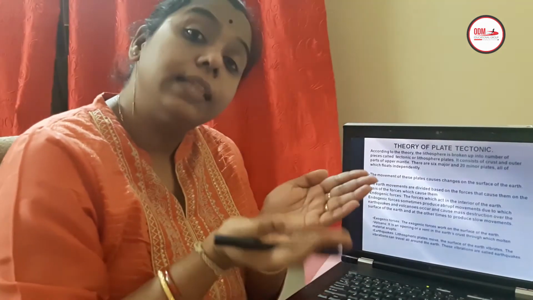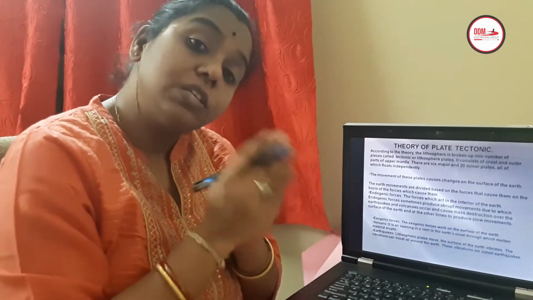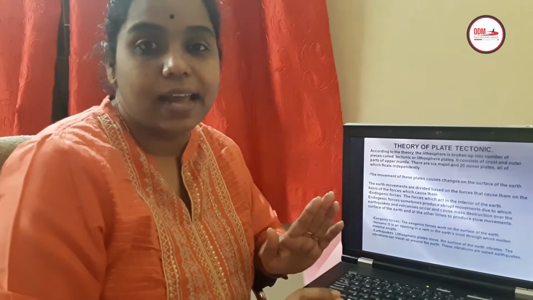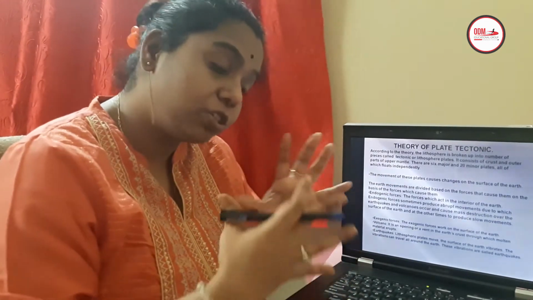Now what is the theory of plate tectonics? Kindly put your attention. I took a plate, I broke it up, so a number of pieces have been made. Now take these pieces as similar to rocks. I took a rock, I broke it. Like that, the whole of your continent was divided. In the early ancient period, they were joined.